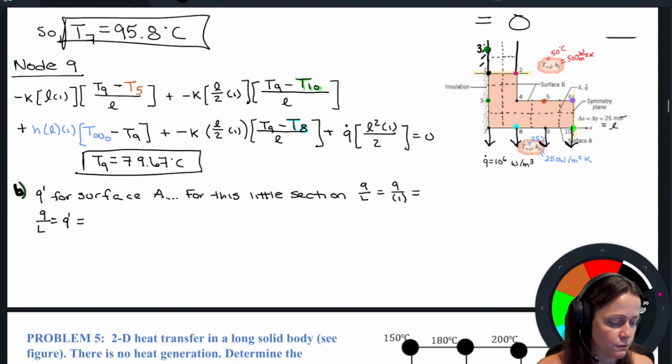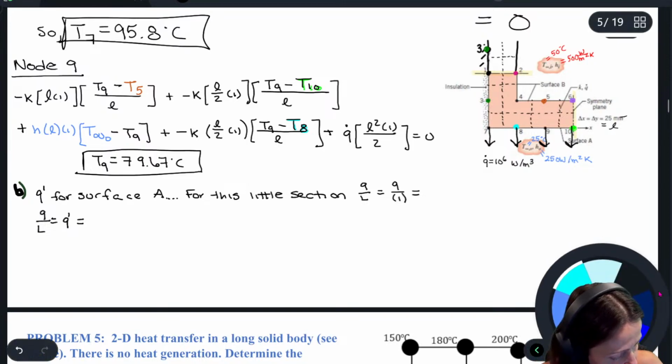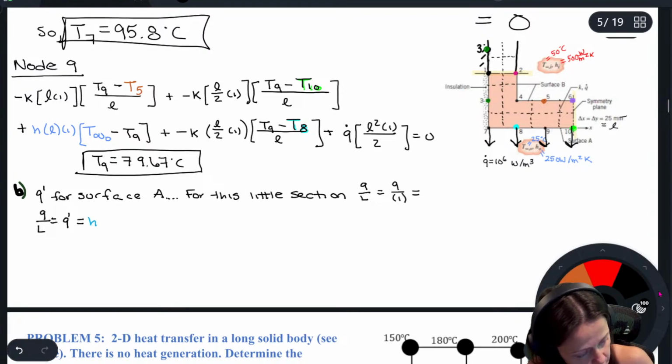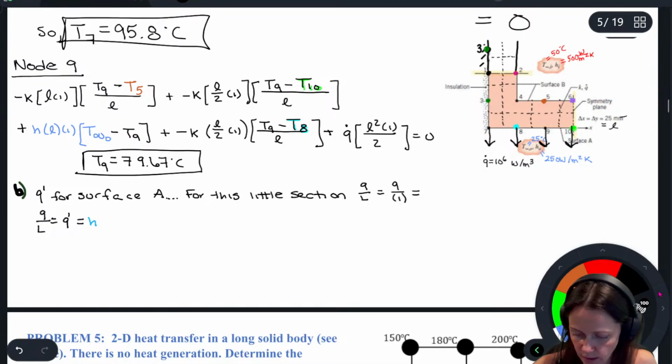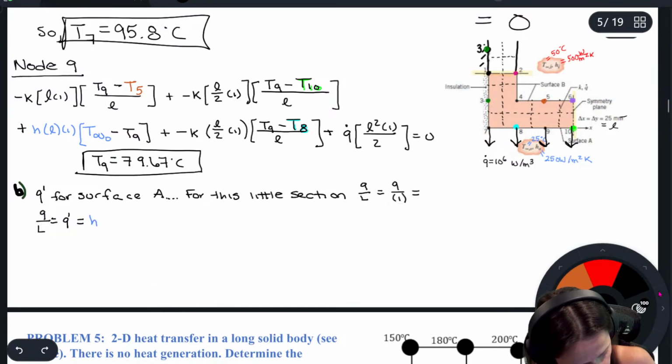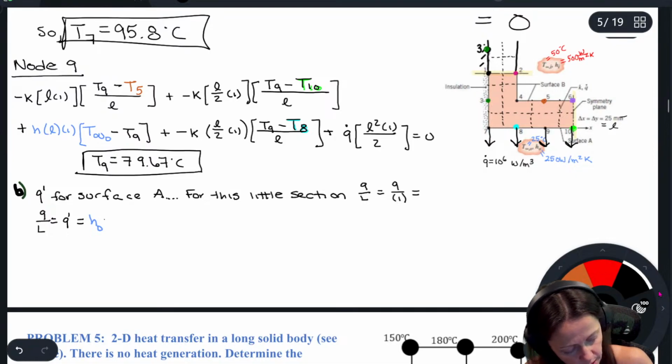So I'm going to look at the first node, 7. It's a quarter of an area. So it's going to be H for the outer surface times the half area, which is L over 2.